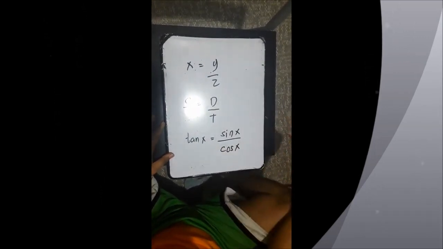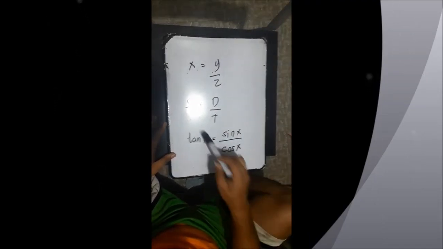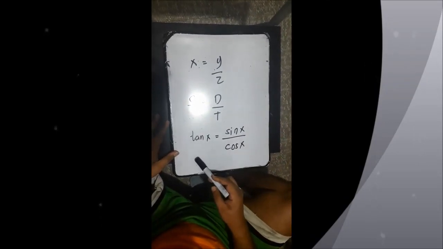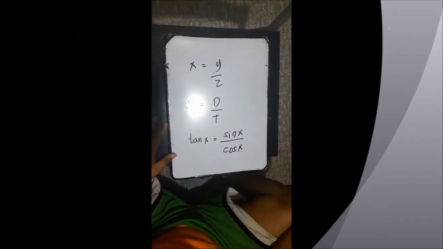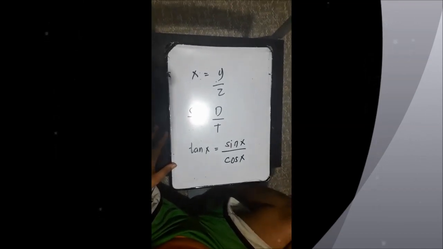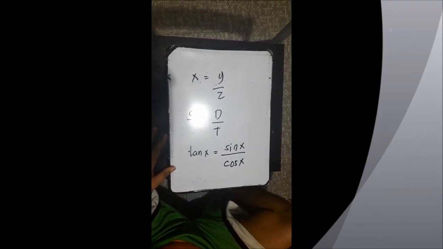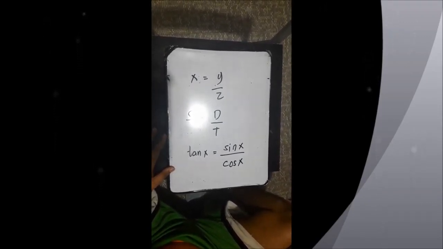That's x is equal to y over z. And for speed, we have speed is equal to distance over time. And finally, here, a trigonometric function, tangent is equal to sine over cosine. All of this can be solved easily if you know the swap or the switch shortcut.